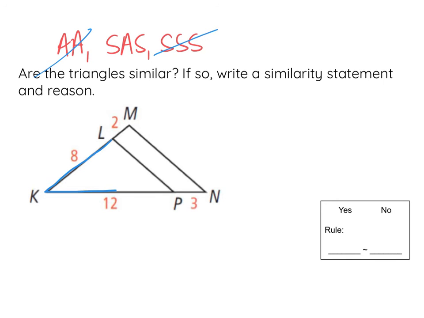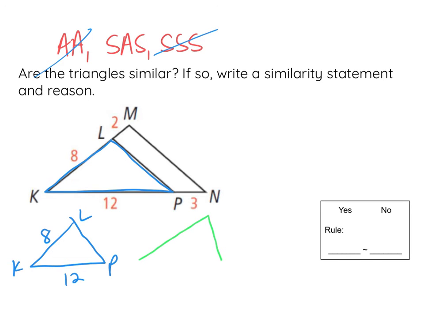If I redraw these, if I think about that one, that's KPL. So I have a 12, I have an 8. And then if I do the bigger one, that's KMN. So this whole side would be 15. This whole side would be 10.